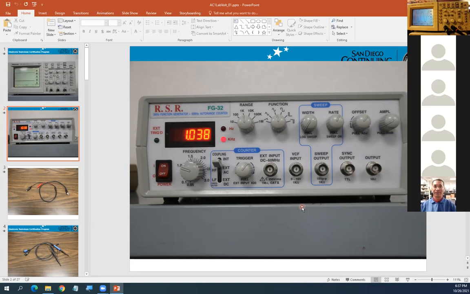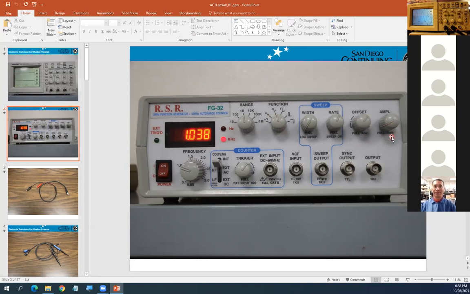Okay, so this is the generator. The generator will generate, if you're looking in here, okay, sine wave, square wave. Normally, we're using sine wave. And also, this is the amplitude.